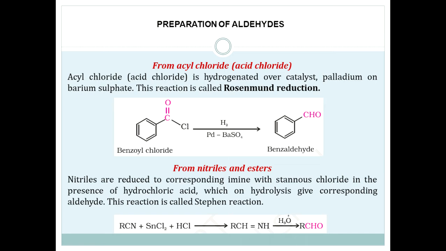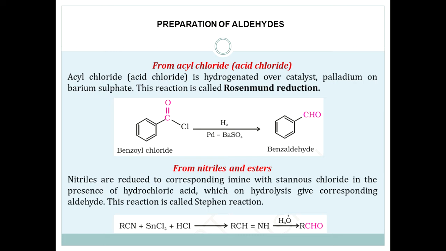Therefore, the presence of barium sulfate does not permit the further reduction of the aldehyde product to the primary alcohol. Moreover, formaldehyde cannot be made by this method because formyl chloride is very unstable at ordinary temperature.